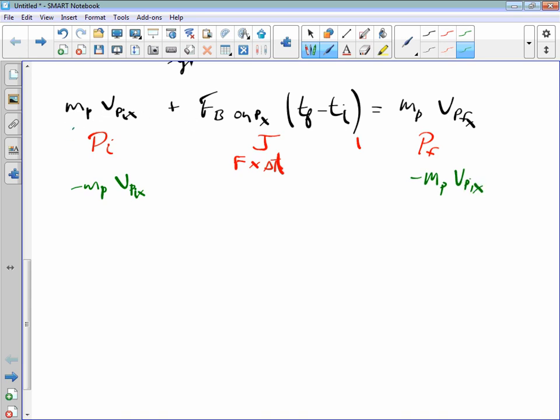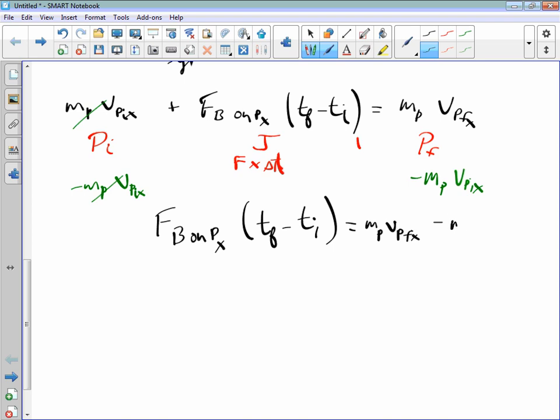So that part cancels, and I'm left with force of the bag on that person in the x direction multiplied by final time minus initial time, equal to mass of person times velocity of person final in the x direction, minus mass of the person times velocity of the person initially in the x direction.